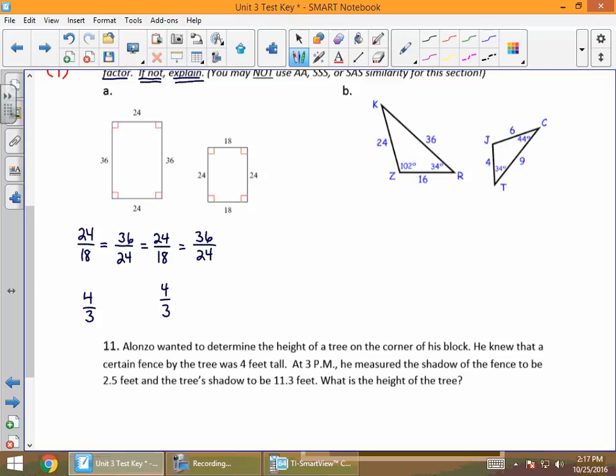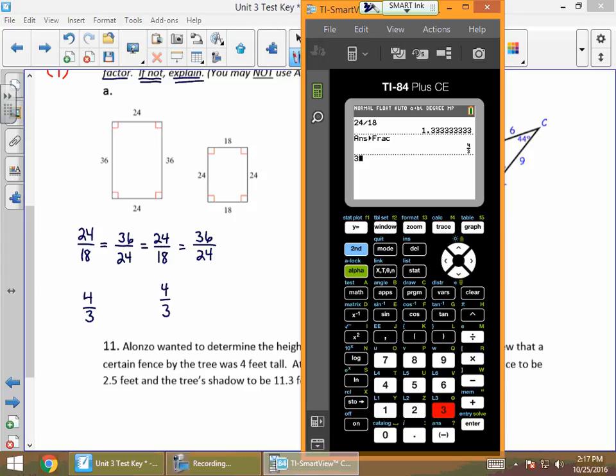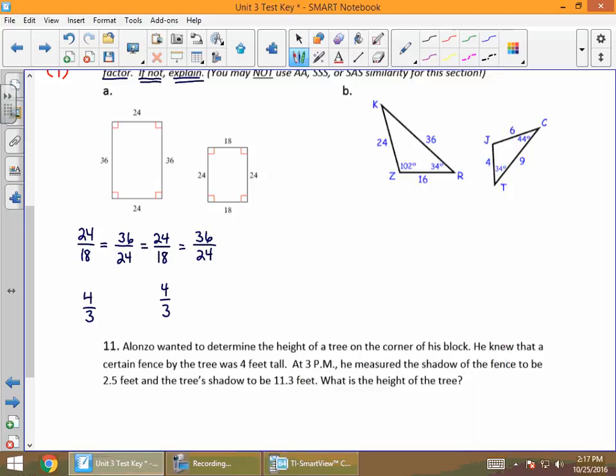Okay, 36 over 24. 36 over 24 is 1.5, so that's 3 over 2. So 36 over 24, these are 3 over 2s. Well, 4/3 and 3/2 are not equal. All the way across the board, these things are not equal to one another.